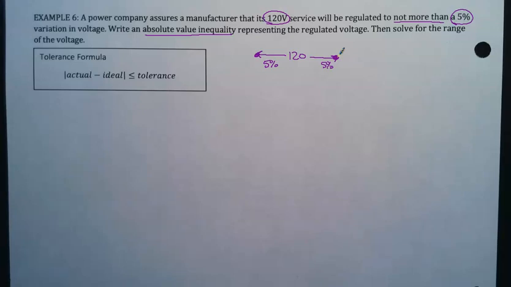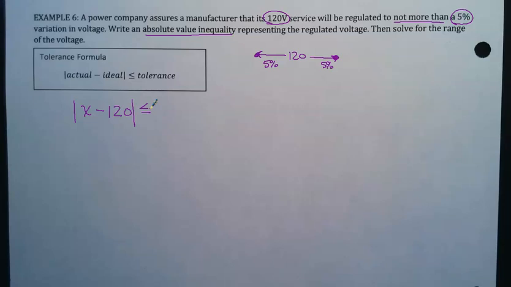All right, so write the absolute value inequality. So if we're looking at this formula, our actual number is, we don't know what it's going to drop to or anything. So that's where we put our x, minus our ideal voltage. Well, our ideal voltage is the 120. And that is less than or equal to our tolerance. What is our tolerance? It's 5%.